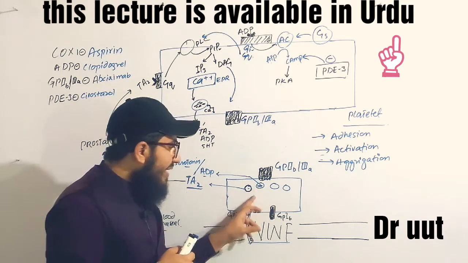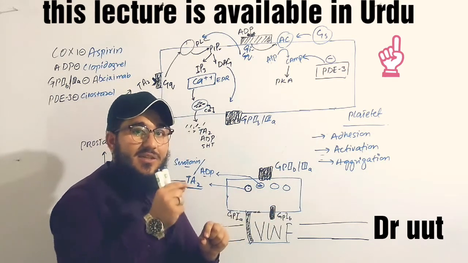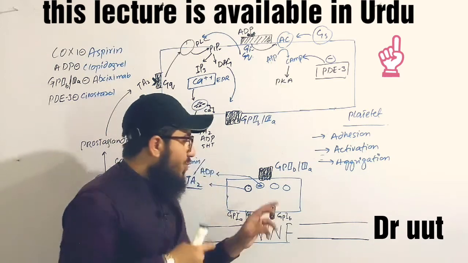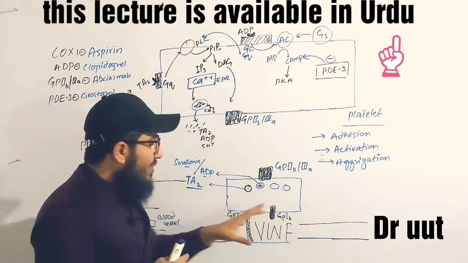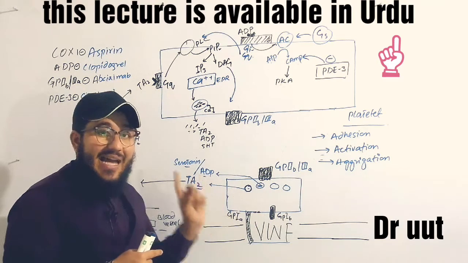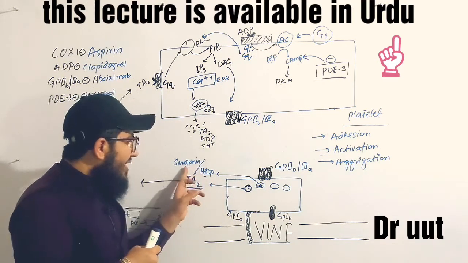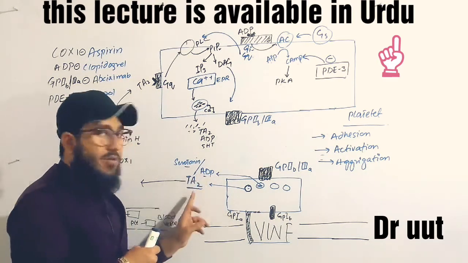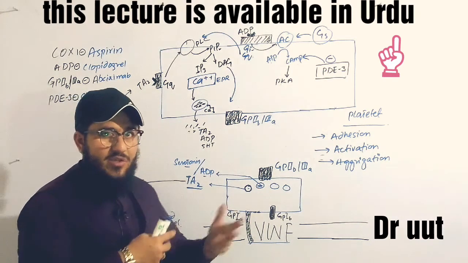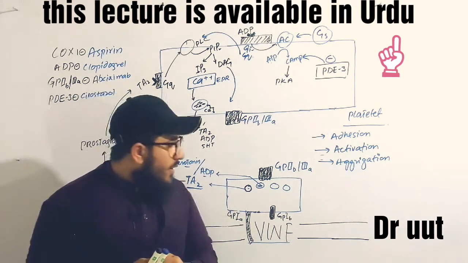Those granules, when released, are called aggregating factors, known as serotonin, ADP, thromboxane A2, and etc. Some other factors are also available.